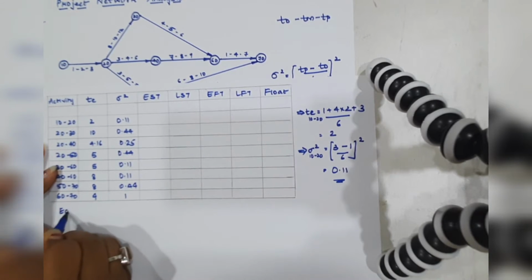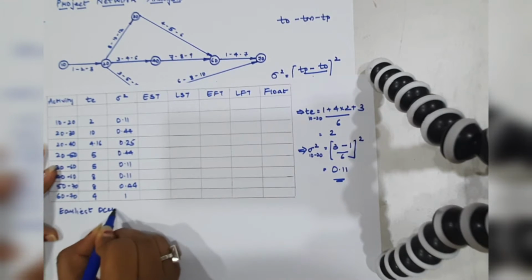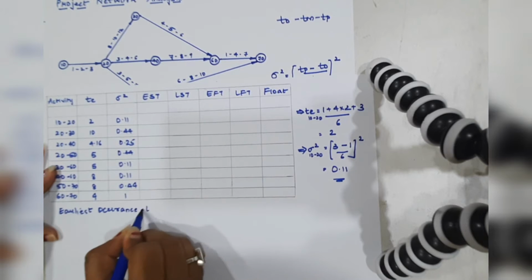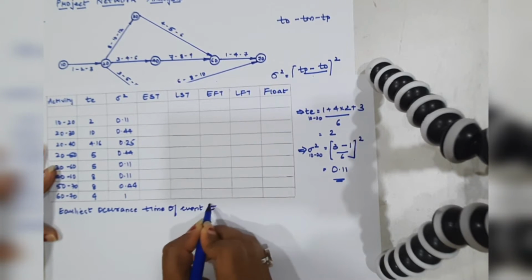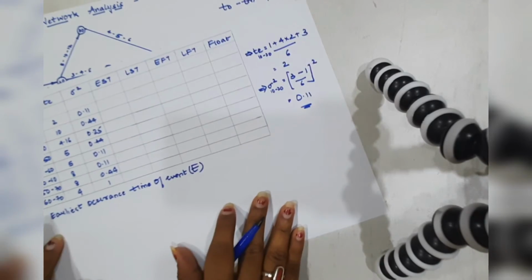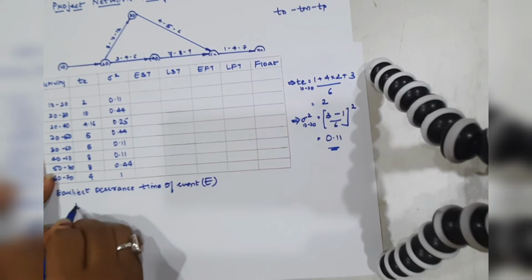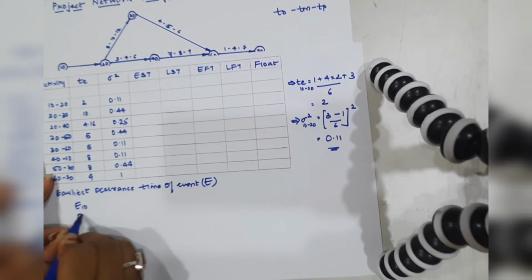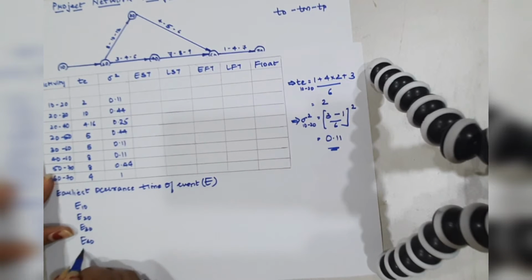E is nothing but the earliest occurrence time of event. For E you need to go in ascending order: E10, E20, E30, E40, E50, E60 and lastly E70.